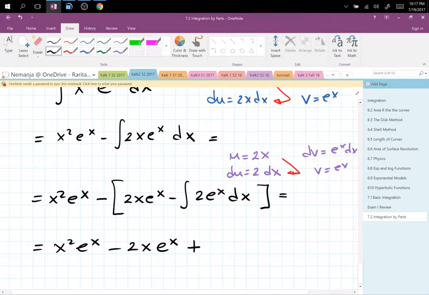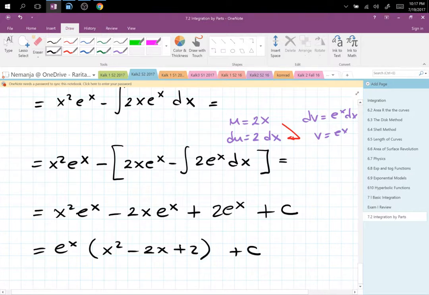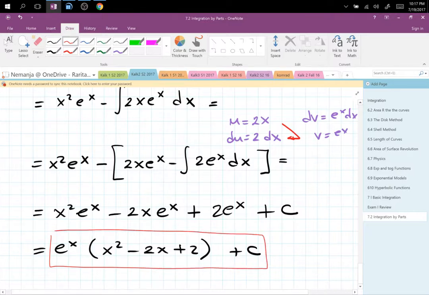An integral of 2e to the x is 2e to the x plus c. We can kick out e to the x. And we are left with x squared minus 2x plus 2, everything plus c. And that's the answer. We did two integration by parts back to back to eliminate x squared.